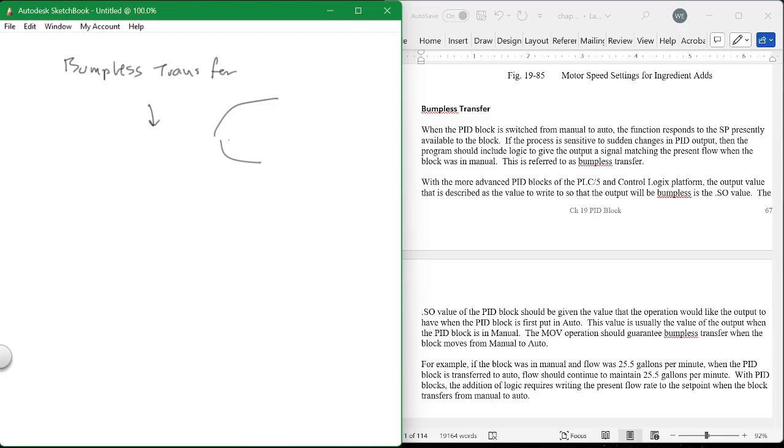You want it to go flat, or you want it to stay. This is what you want right there.